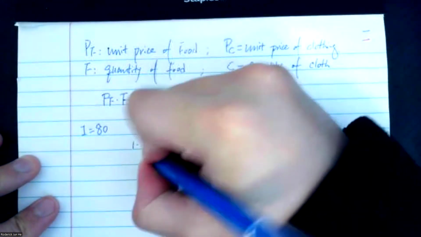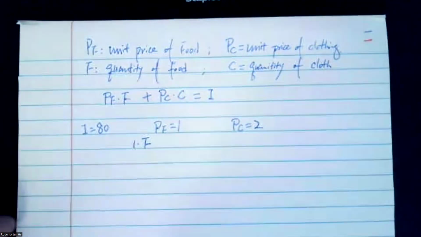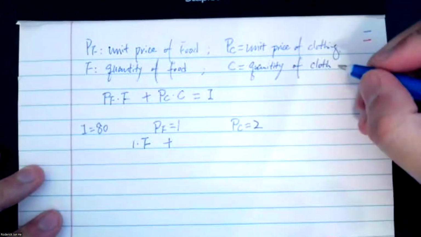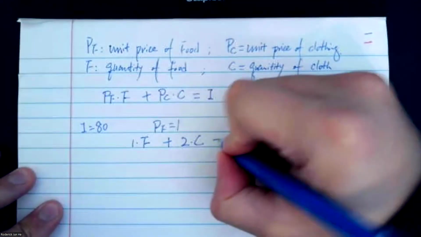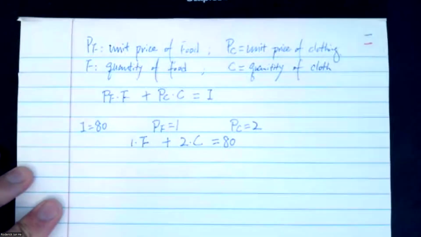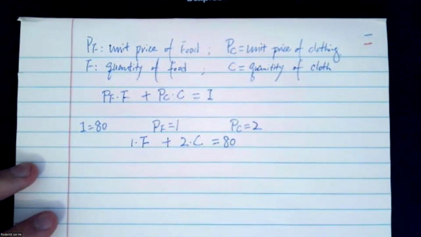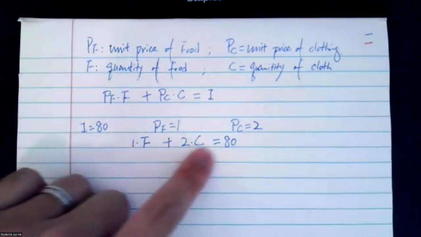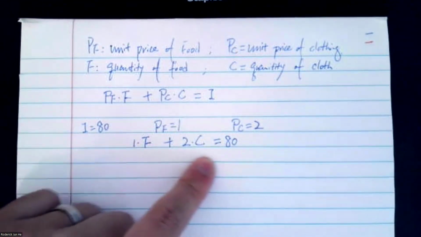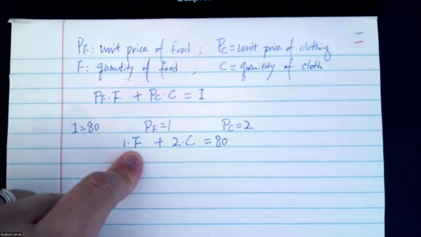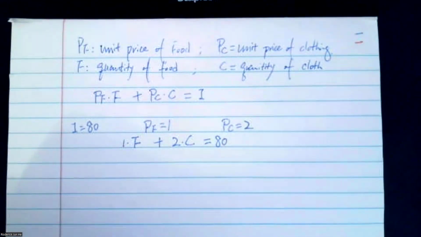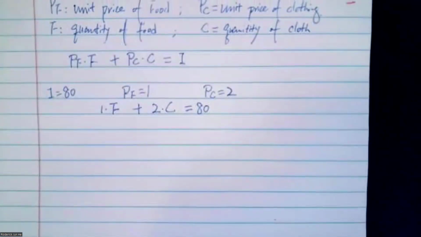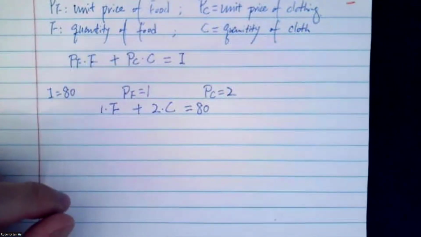Well, that's 1 by how much food you purchase, 1 by F, plus the total expense in clothing, 2 by C, and that should just equal the budget. Again, we need to deplete that totally. So this is the format of the trade-off between clothing and food under the current condition, which is to deplete your budget perfectly.